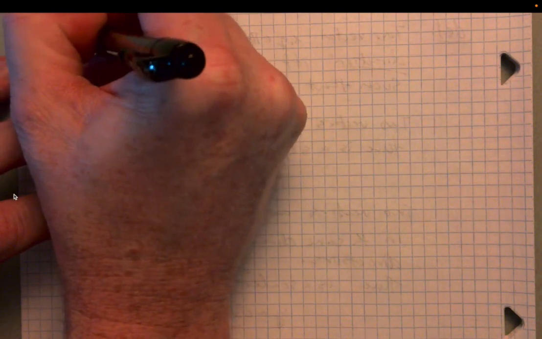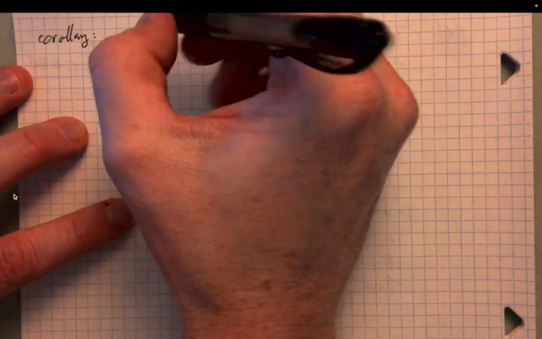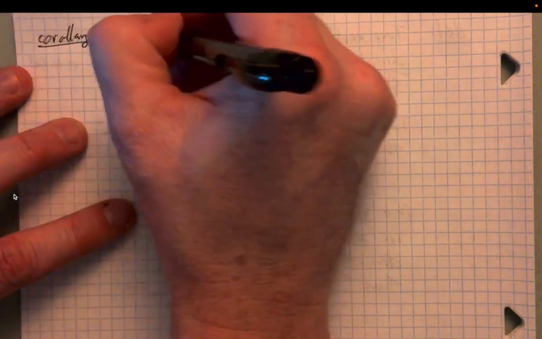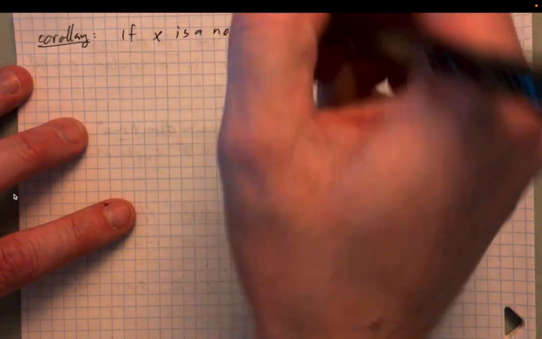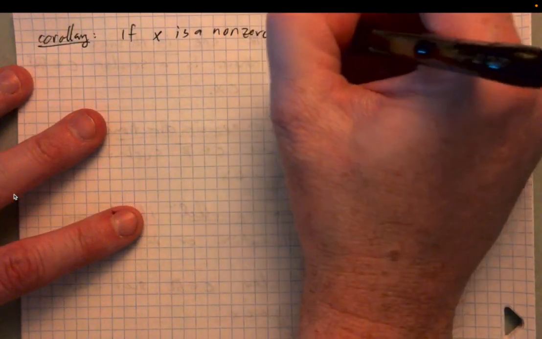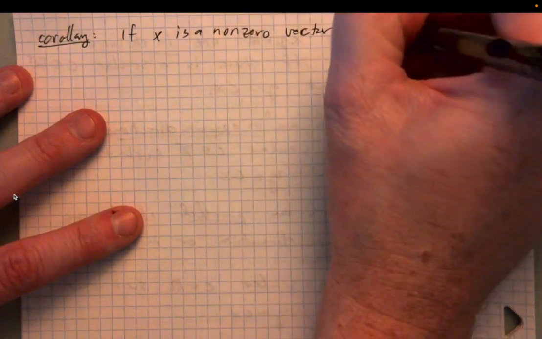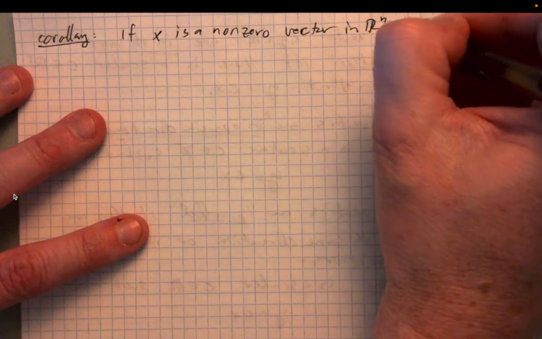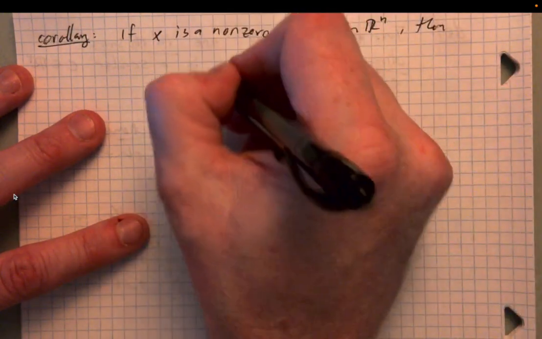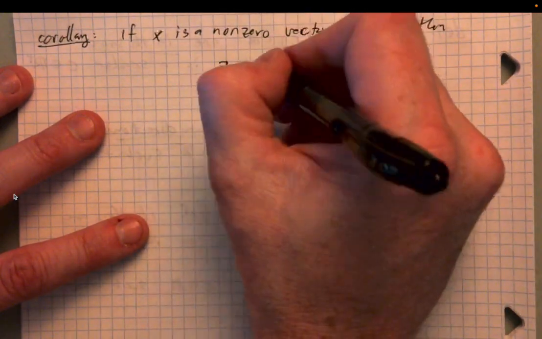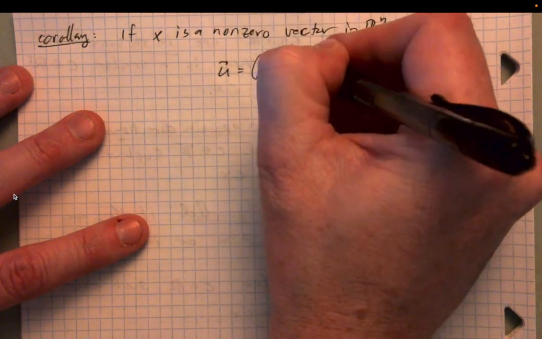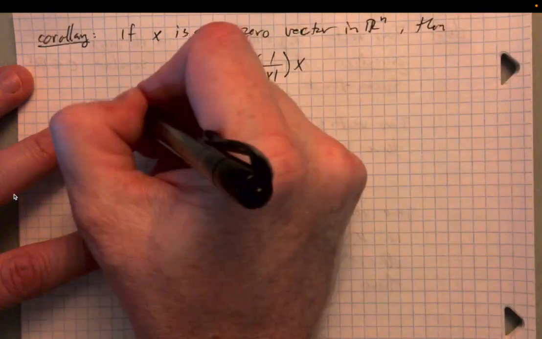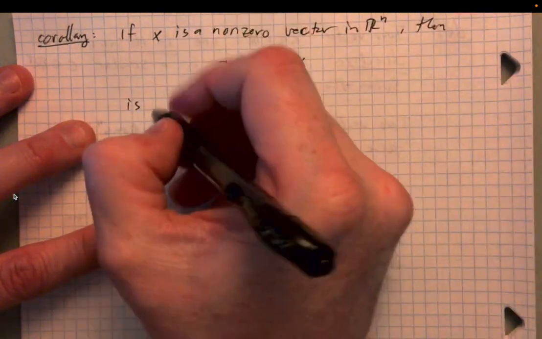So here is a quick corollary. If x is a non-zero vector in Rn, then u equal to 1 over the norm of x times x is a unit vector in the same direction.